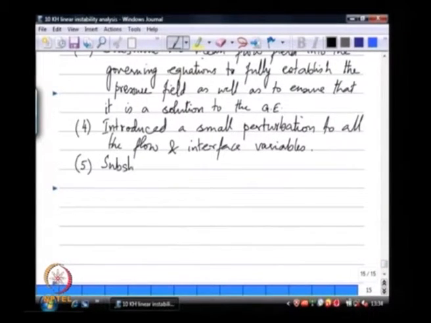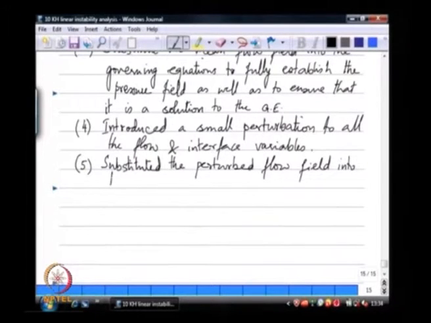And then we substituted the perturbed flow field into the governing equations.